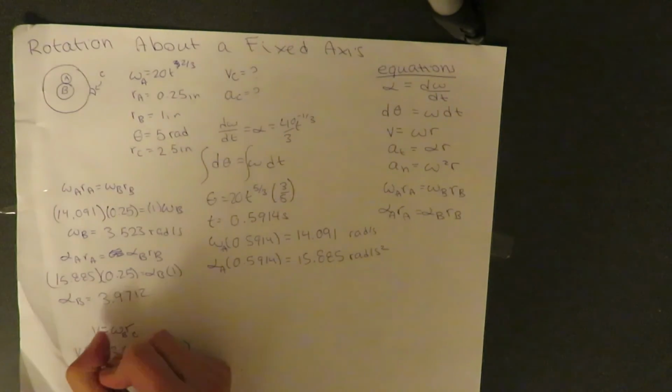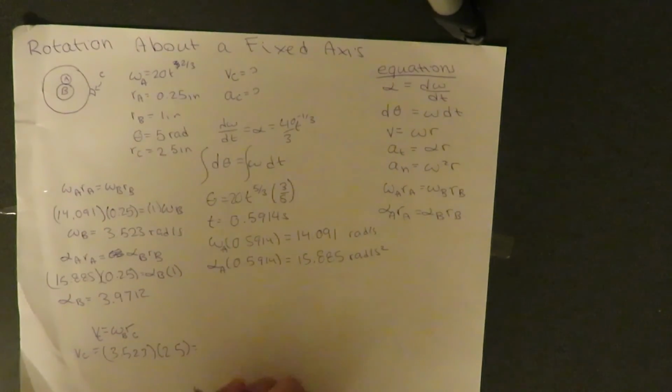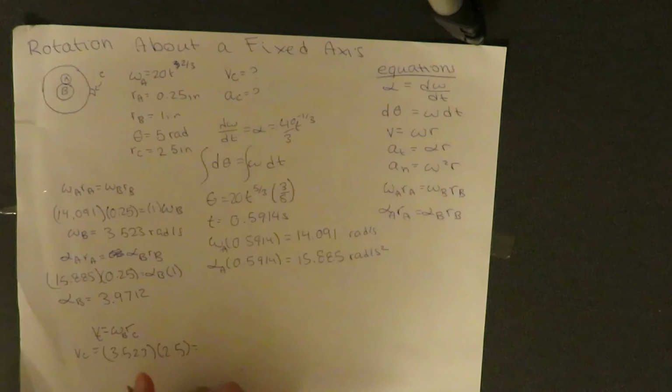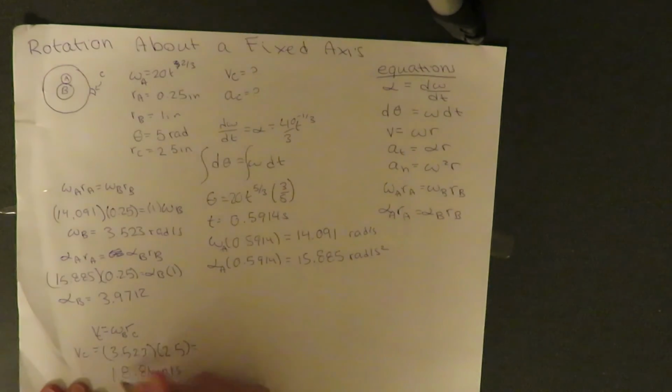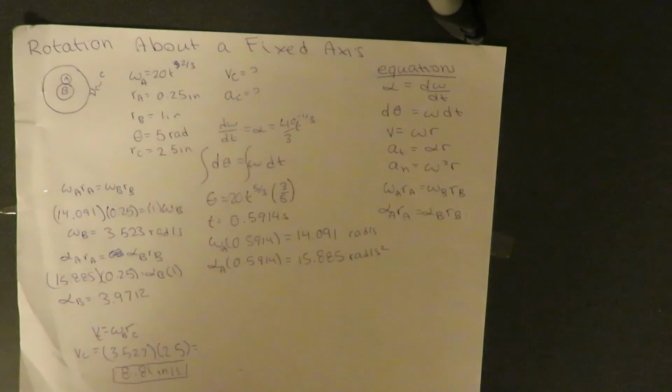So all of this is equal to VC, and we can find that VC, our velocity at C at theta equals 5 radians, is, let me plug this into my calculator, 8.81 inches per second. Now, this is one of our final answers, and we have 2 more things to find.